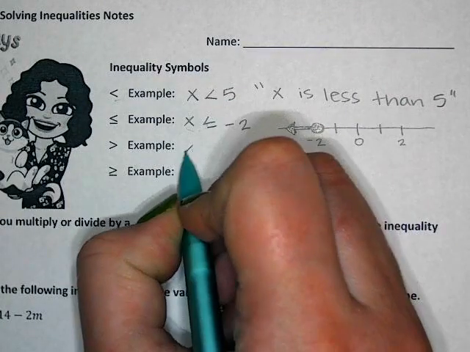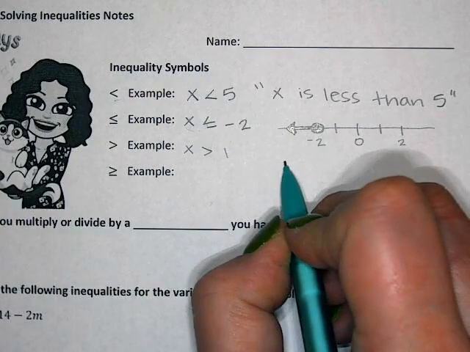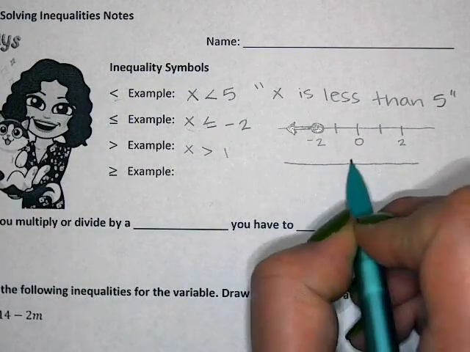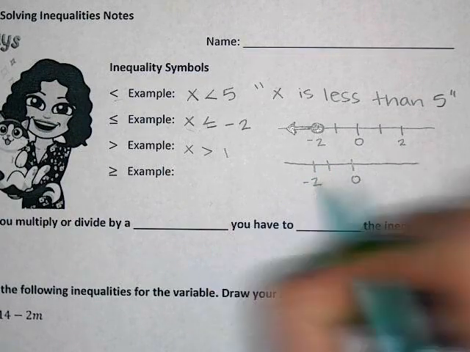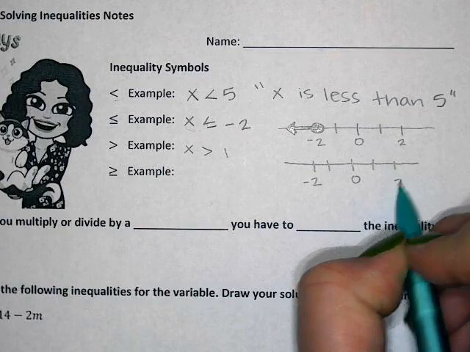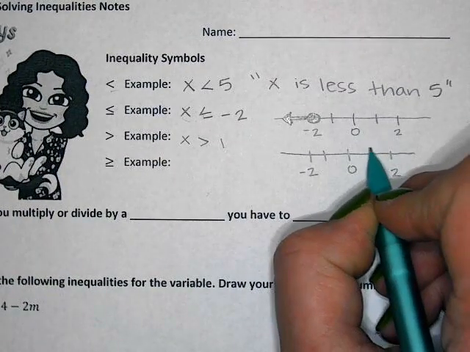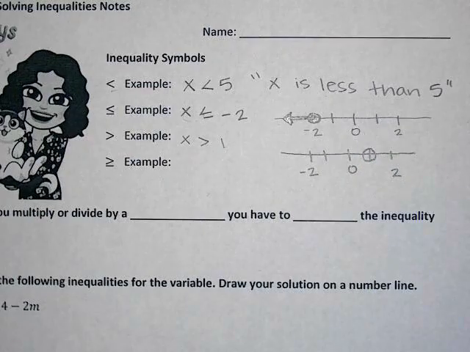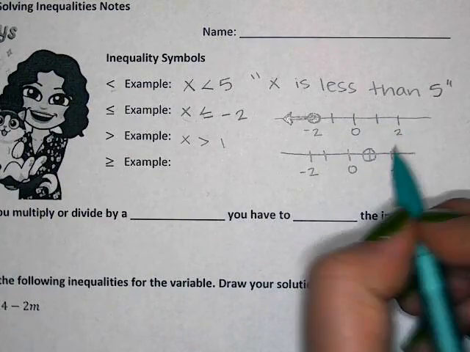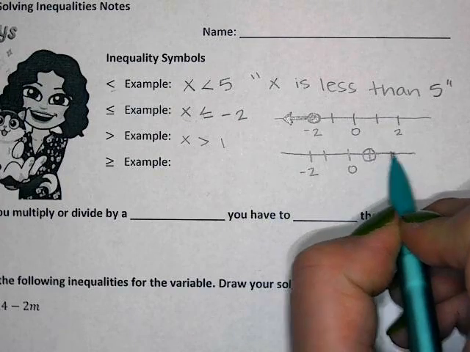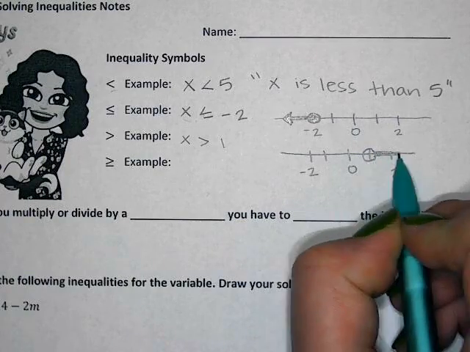Next one, x is greater than 1. I'm going to draw a picture for this one also. So if we've got 1, I would draw the circle. If it's greater than 1 but not equal to, then I should not fill in the circle. And my arrow should be going to the right because it's greater than.